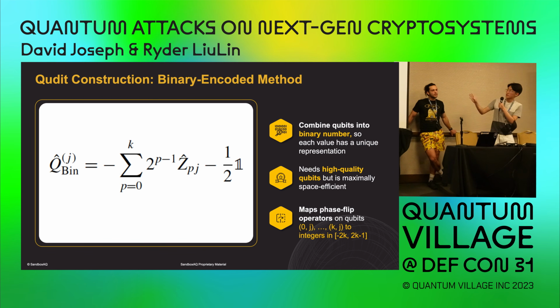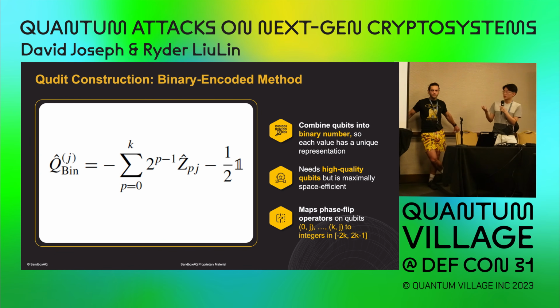So this one is the binary encoded method, and this is maximally space efficient because we are combining qubits into a binary number. So every value has a unique representation, right? It matters what place value each qubit is in. So this obviously needs high quality qubits, but it's maximally space efficient.